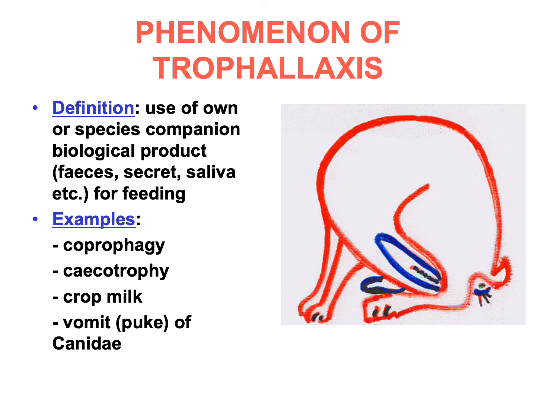The crop milk of the pigeon and the crop milk of the female parrots is also a type of trophallaxis, similarly to the vomit of the canidae, which in the wilderness was carried home by the hunting individuals as meat in the stomach and vomited to the lactating bitches.